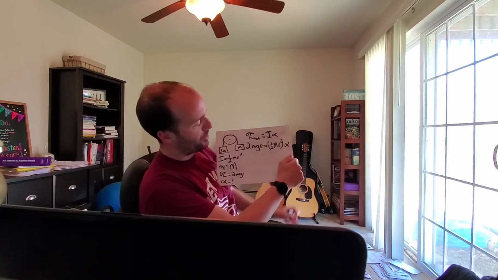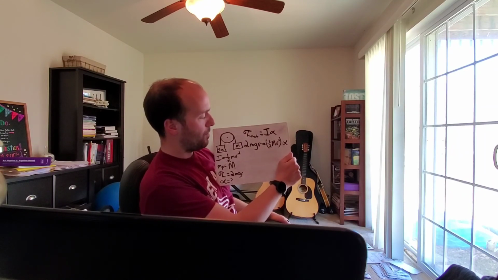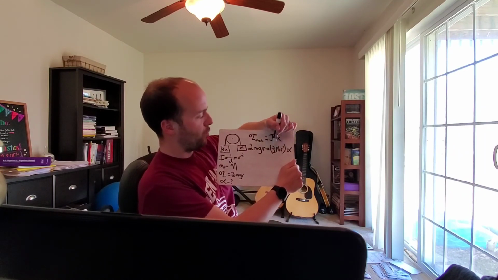We have 1/2 uppercase M, because that's the mass of the pulley, r squared, times alpha. Right, so here's our expression so far. Now, we can divide this whole expression, so we'll say alpha equals 2 lowercase m g r divided by 1/2 uppercase M r squared.